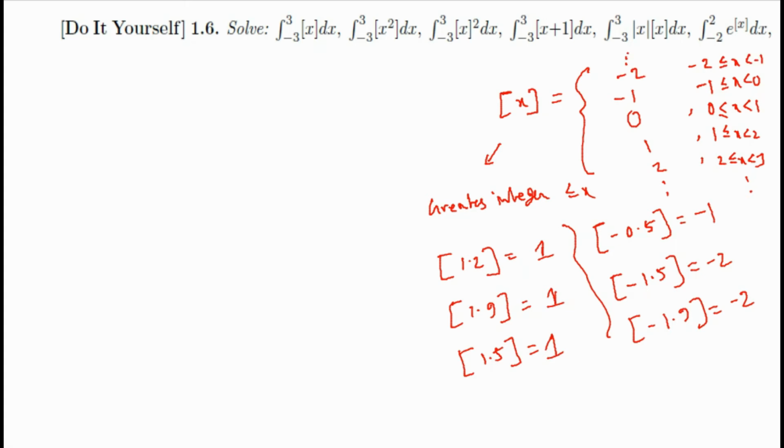Now if we solve this first one, say minus 3 to 3 box x dx, then we will just use the definition.